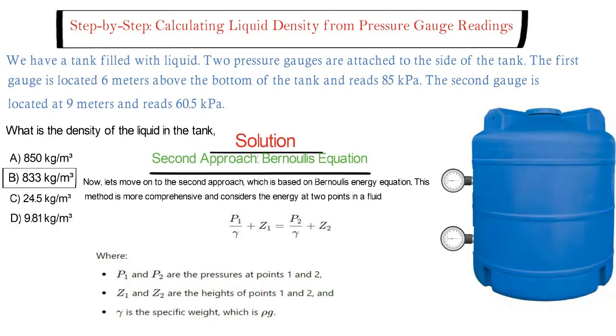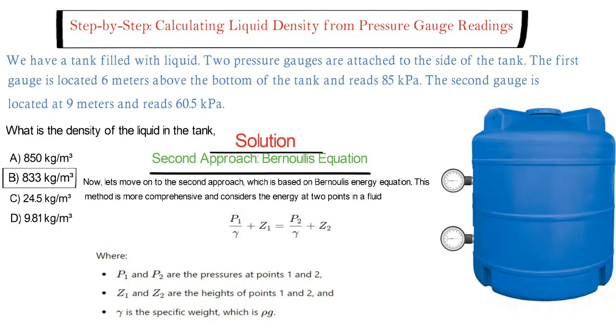So let's start the solution with the Bernoulli's equation approach. P1 divided by gamma, which is the specific weight of the liquid inside the tank, plus Z1, which represents the potential energy head, which is the height from a specific datum. Here we will take the datum as the problem said, the bottom of the tank, equals P2 divided by gamma plus Z2.